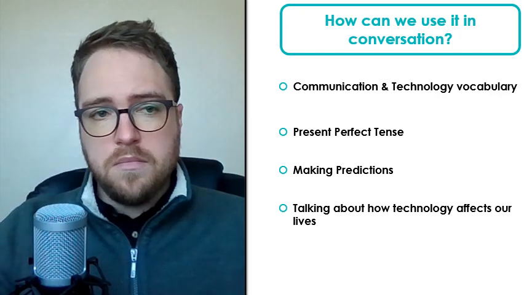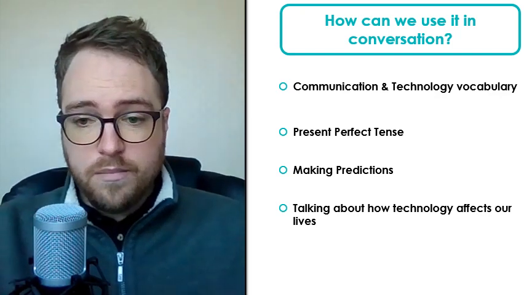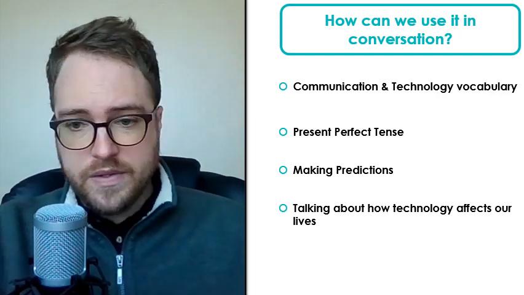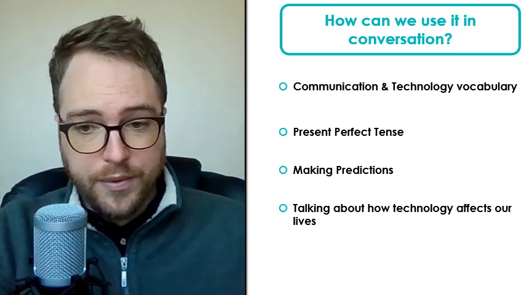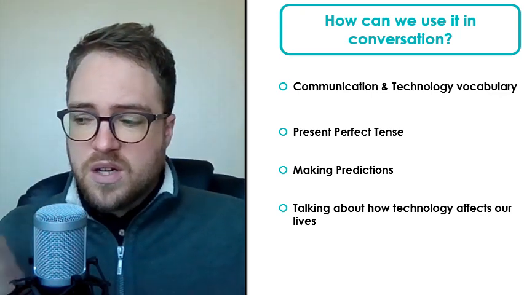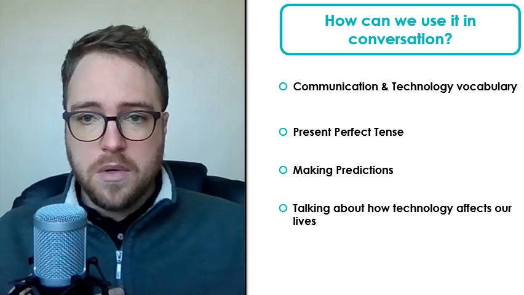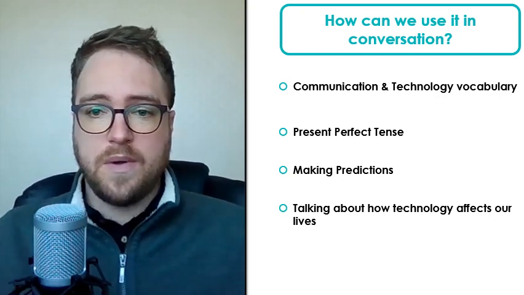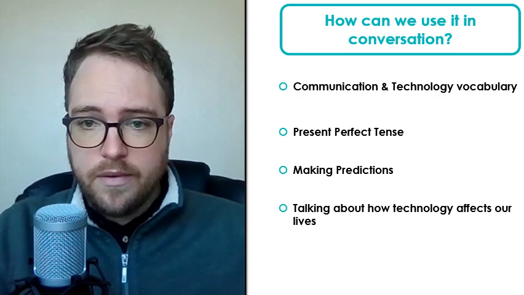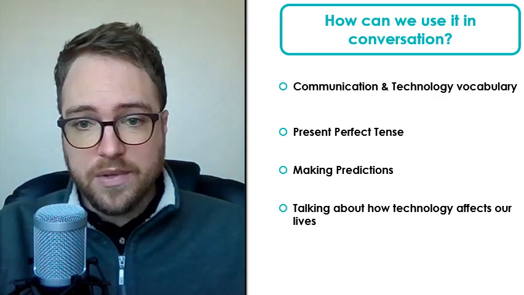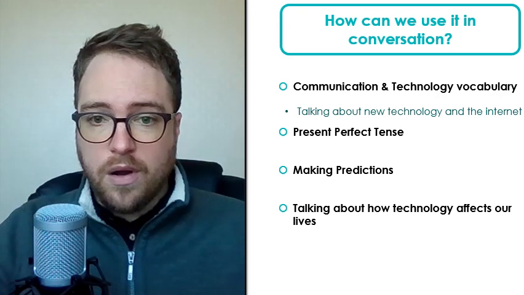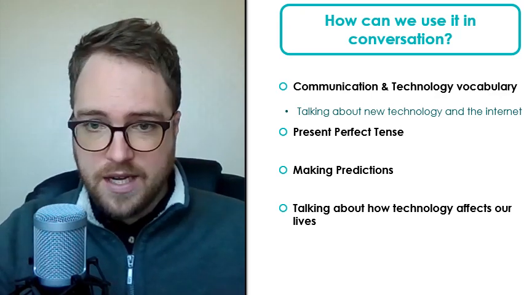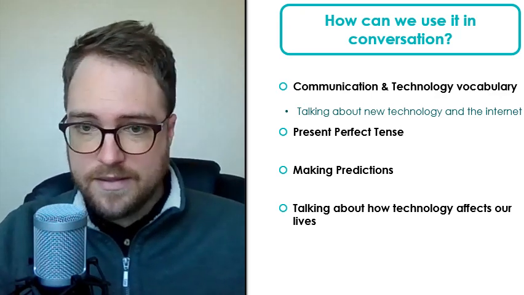So now we're going to move on. We're going to leave our review and we're going to start to talk about how we can use these things in a conversation. Communication and technology vocabulary are good for talking about new technology and the internet.